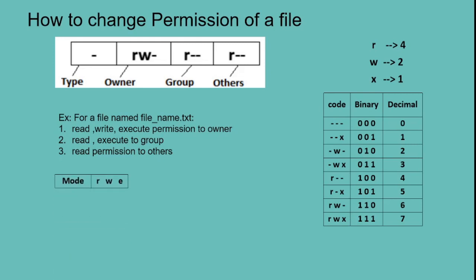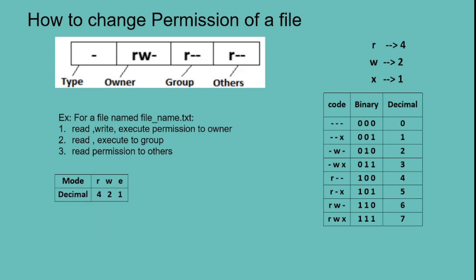Let's talk about the first permission, which is for the owner. If you look at the image, the first bit is for the type of file, which we are ignoring; we don't have to assign it. The next 3 bits are for owner permission, so we need to assign read, write and execute permission to it. How will we do it?